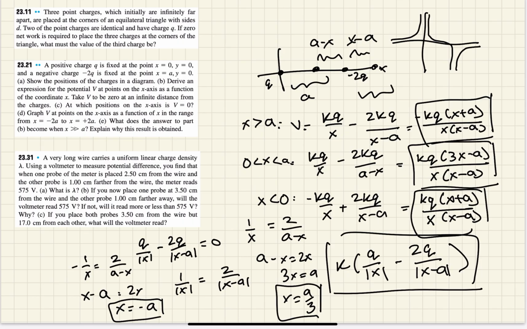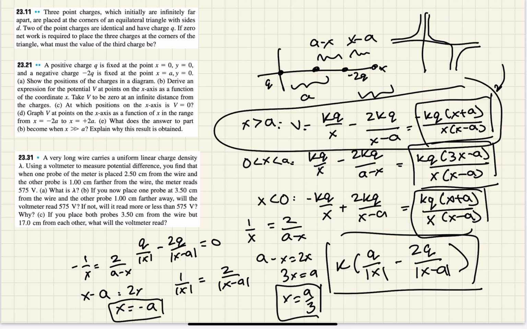Finally, E, what does the answer to part B become when x is much, much greater than a? Part B was all of this. When x is much, much greater than a, that would be in this case. That means x minus a is roughly equal to x itself, because x is much, much greater than a.